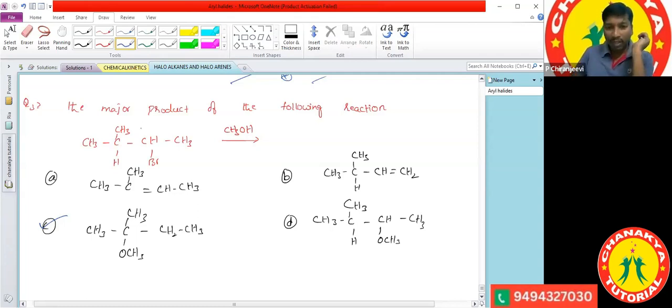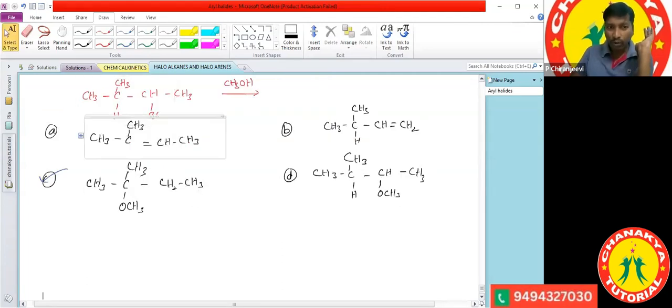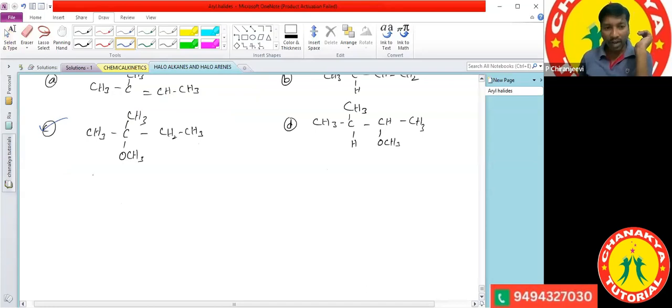Okay, so I'll explain the mechanism here to make it clear according to the question. First, what they had given: CH3 bond CH3 H bond CH bond Br bond CH2 CH3 bond CH3.